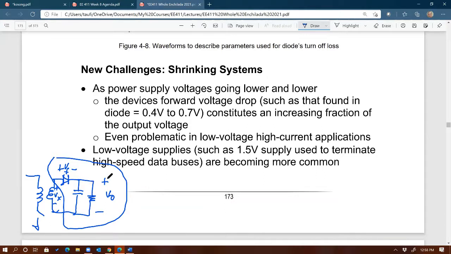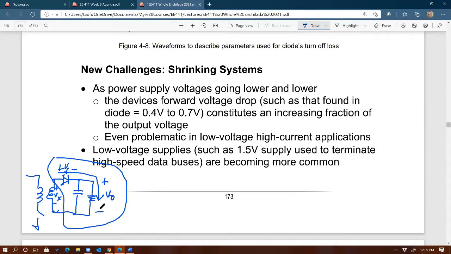Imagine if the output voltage gets low to the point that the output voltage level is close to the forward drop across the diode. That would be a problem, right? You're taking away voltage from the secondary side of the transformer that's comparable to the output voltage. That's going to be a problem, especially in terms of efficiency, because the same DC current flows through each. I'm ignoring the AC current, just the DC current.